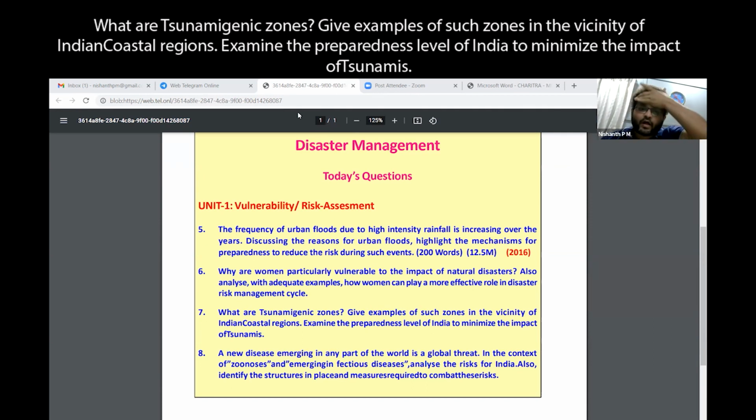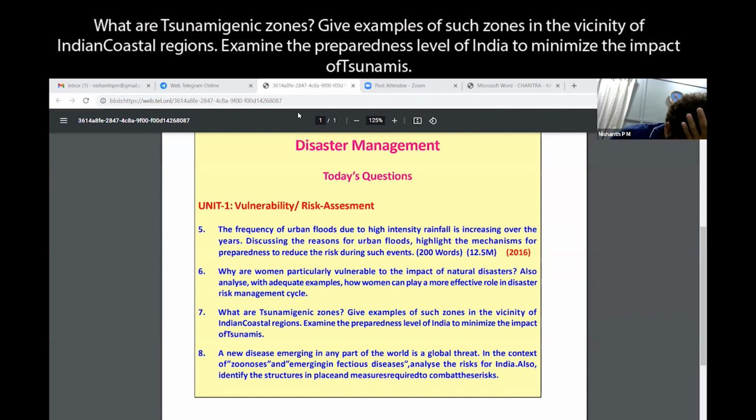What are tsunami-genic zones? Basically, those zones which are extremely prone to tsunamis are the tsunami-genic zones. So what are those zones within the vicinity of India? The zones which are prone to tsunamis and at the boundary plates of the subduction zones.